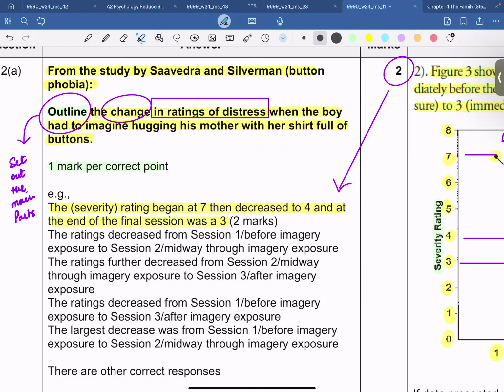Now, reading further, the ratings decreased from session 1 before imagery exposure to session 2, that is midway through the imagery exposure. The ratings further decreased from session 2, midway through the imagery exposure, to session 3, that is after the exposure. Or you could say the ratings decreased from session 1 before imagery exposure to session 3 after imagery exposure.